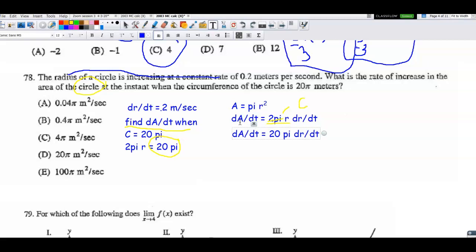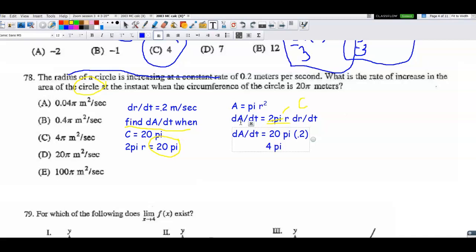All I did there was a substitution. And we know that dr/dt is equal to 0.2. So I can just substitute 0.2 in place of that. And when I use my calculator to multiply 20 by 0.2, I get 4 pi.